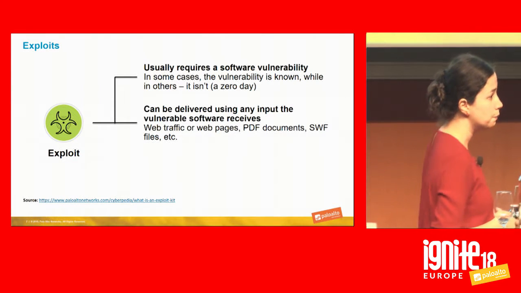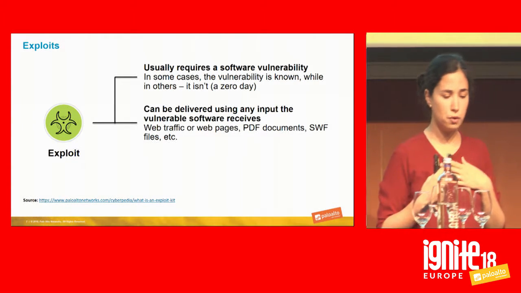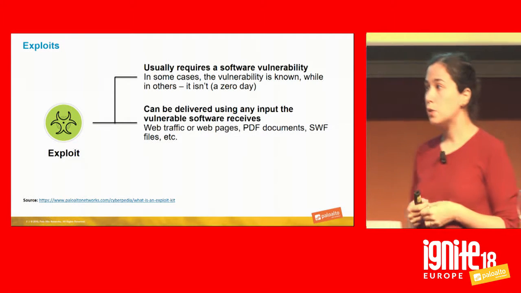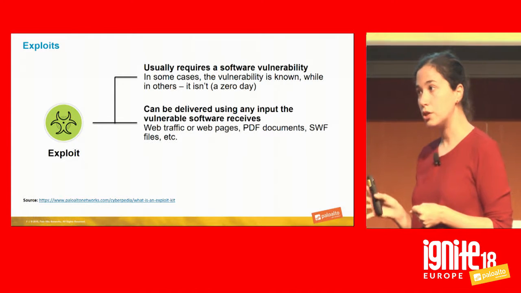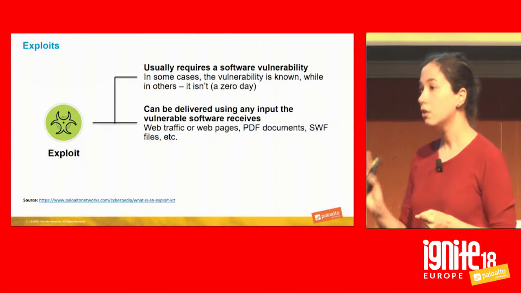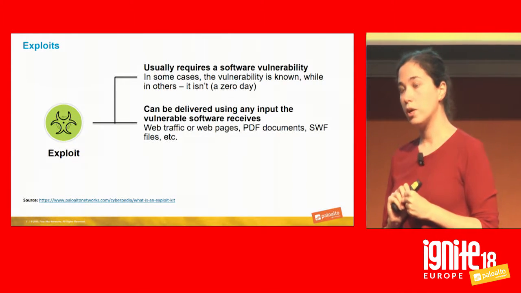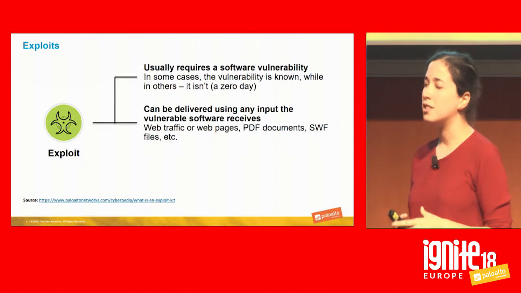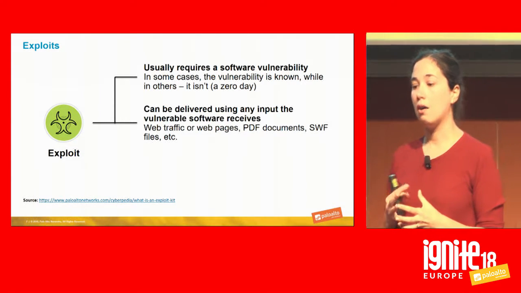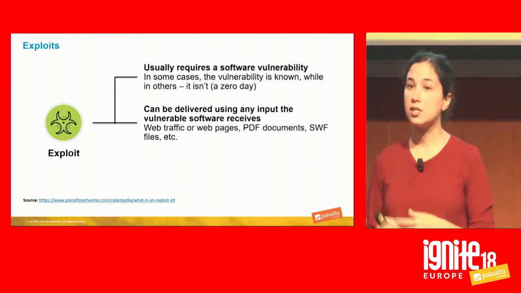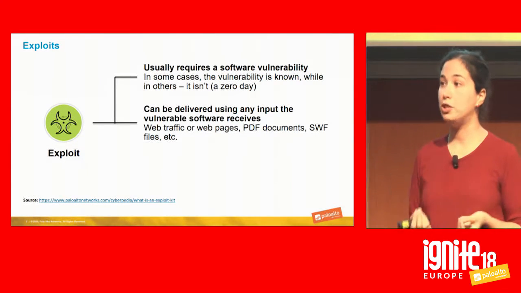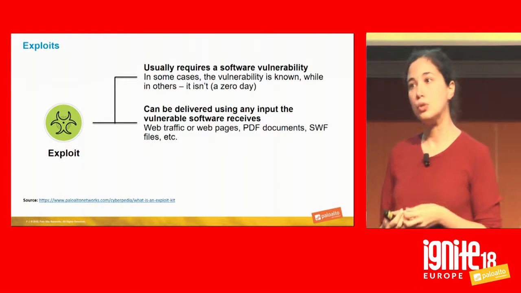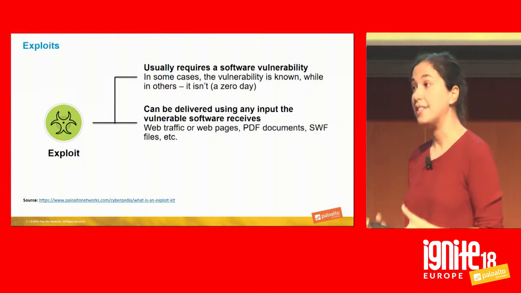The second thing that is important to remember is that exploits can be delivered in many ways. Browsers are a very common delivery mechanism for exploits. The reason for that is that it's a very complex application that parses multiple types of inputs, multiple types of web pages and objects and so on. So browsers used to be a very common attack vector.